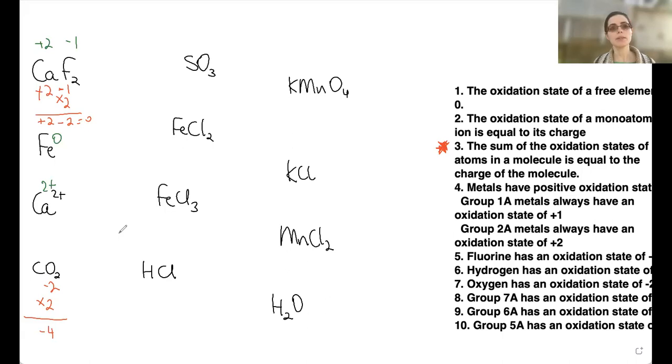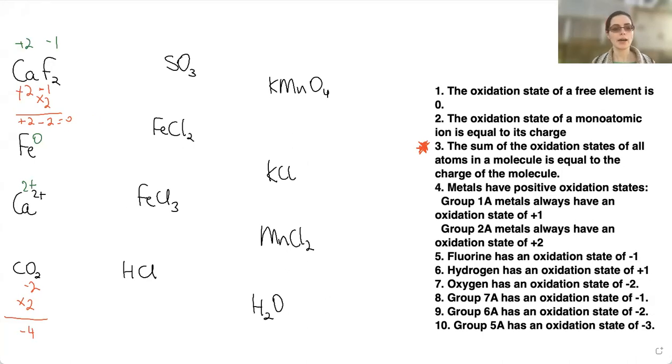And now that I'm left with just one atom, carbon, I have to invoke rule number 3, which states that the sum of the oxidation states of all atoms has to equal the charge of the molecule. This is a neutral molecule, so carbon has to be +4, right? Because we have to balance it out with -4 coming from all the oxygens.